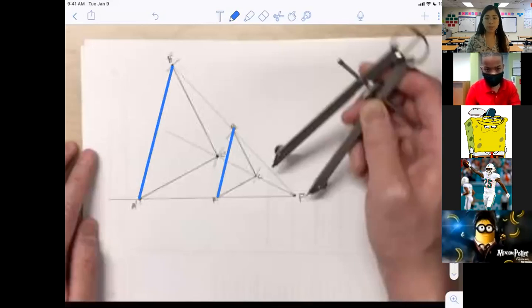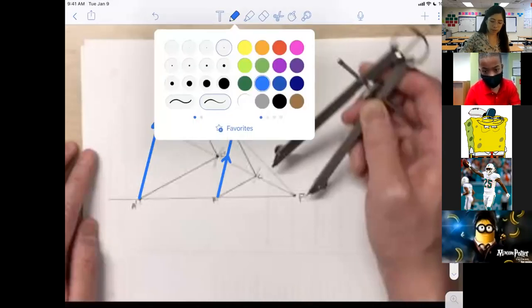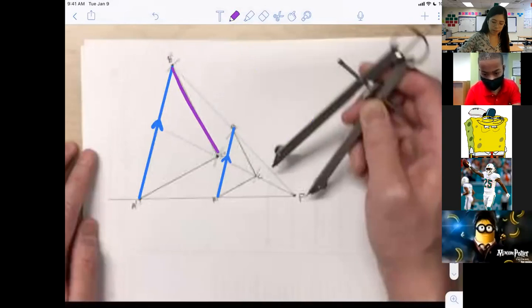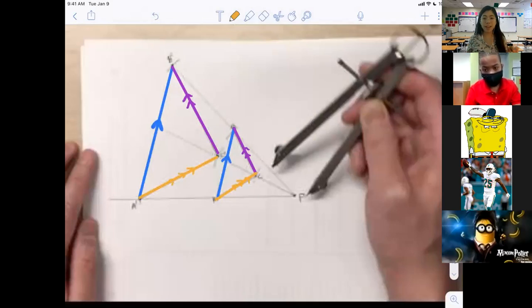Those two lines are parallel to each other. See that? And that actually goes for every single combination. My purple lines are also parallel to one another. And then these orange ones as well. So when you dilate a figure, you actually end up creating parallel lines. Do I have any questions on that?